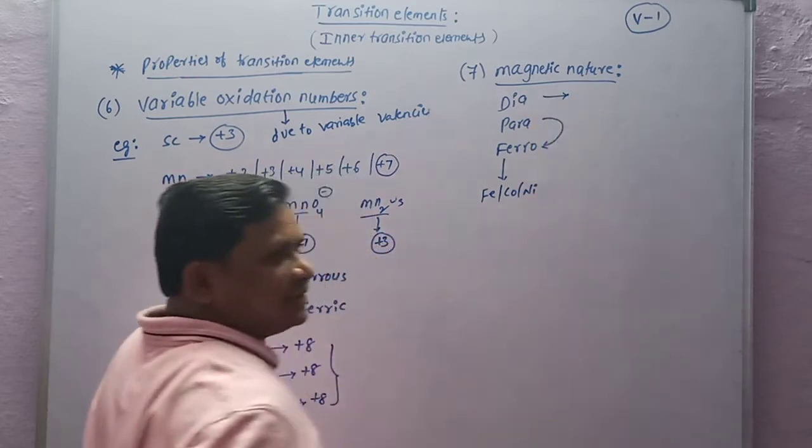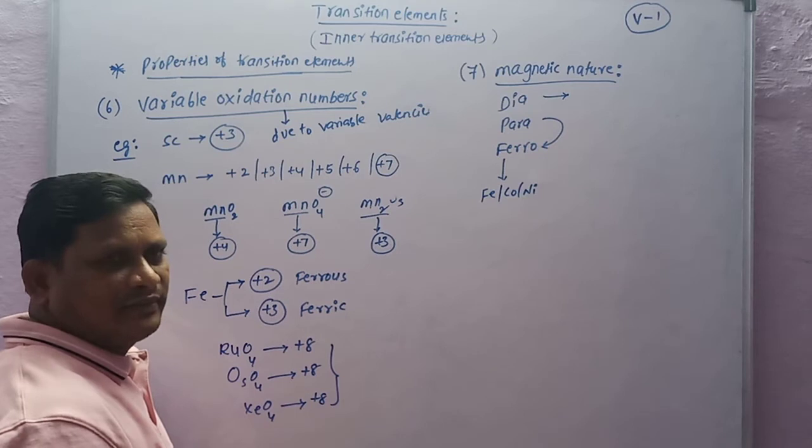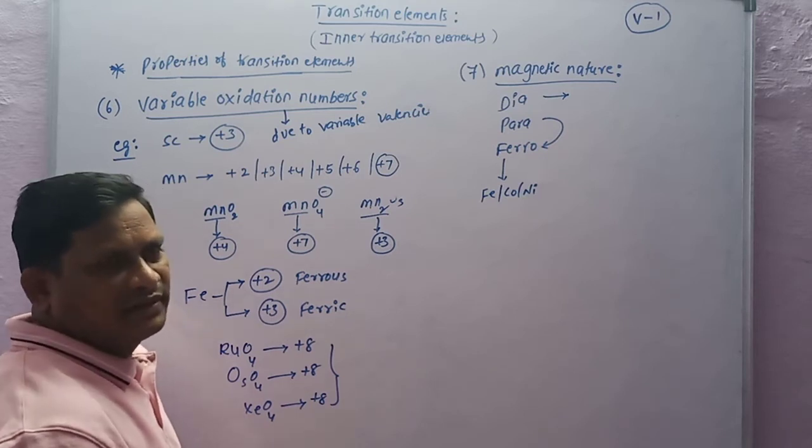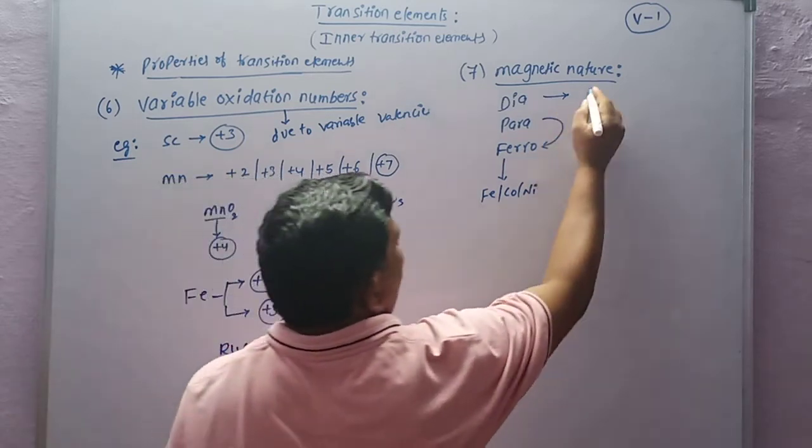Now, a transition metal with no unpaired electrons, that means all electrons are paired.